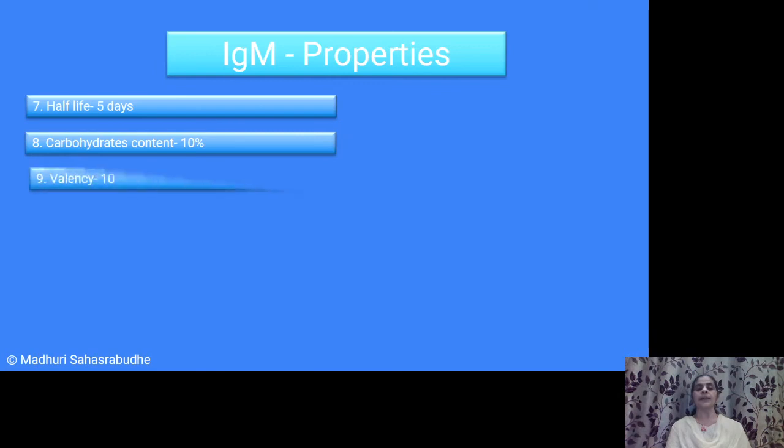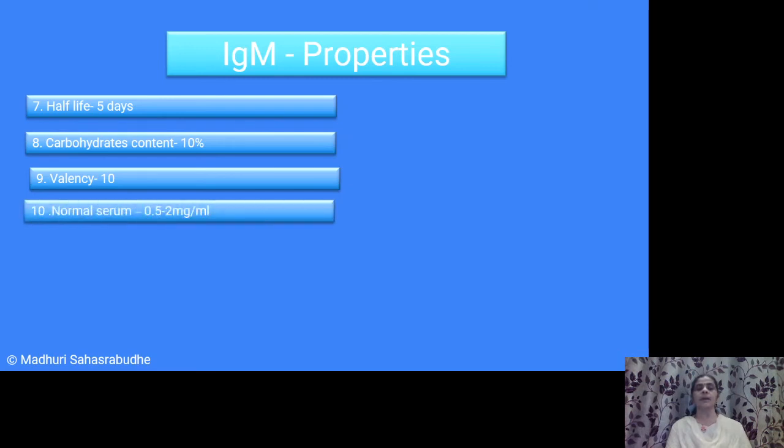Carbohydrate content is 10%. Valency is 10. A very important property to remember about IgM is its valency of 10, meaning at a time one immunoglobulin molecule can bind to 10 antigen particles. Normal serum level is 0.5 to 2 milligrams per ml.